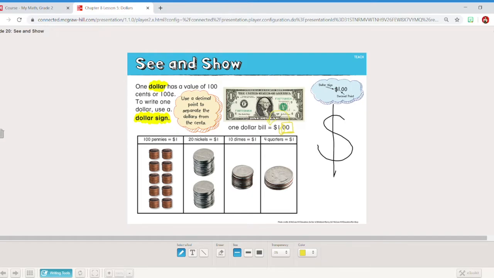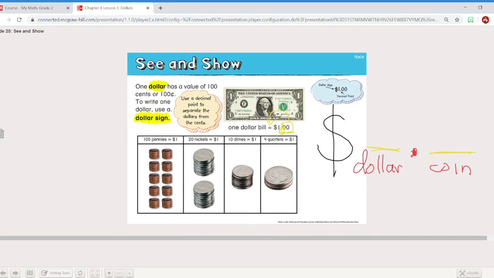Every time you get to 100 cents, it moves over and becomes a new dollar. The decimal separates the dollar amount from the coin amount. So I'm going to put decimal. It's a sloppy one. This pen doesn't like my computer for dots, but it's your dollar amount and your coin amount. Keeps them separated.